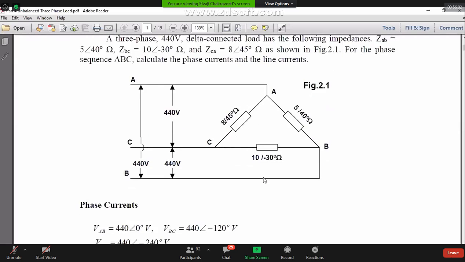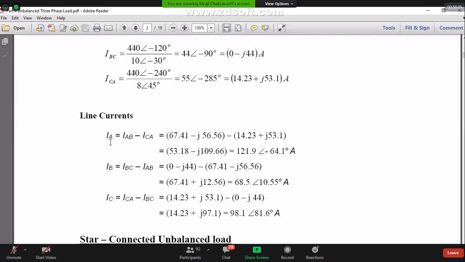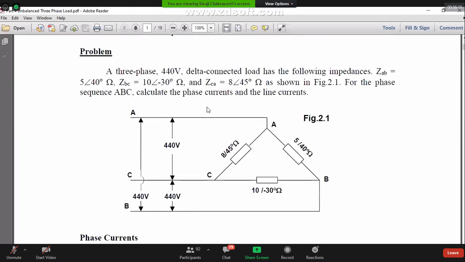Similarly, VBC divided by ZBC gives IBC, and VCA divided by ZCA gives ICA. So I get the three currents IAB, IBC, ICA. IAB is the current here, IBC is the current here, ICA is the current here.